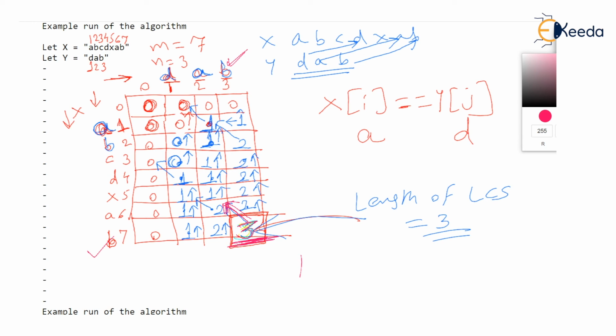And now, as the direction shown here is diagonal, we will visit this place, which is storing 2. We will follow these arrows. And 2 is also having a diagonal entry. So the letters over here matched, which is A with A. So A matched.